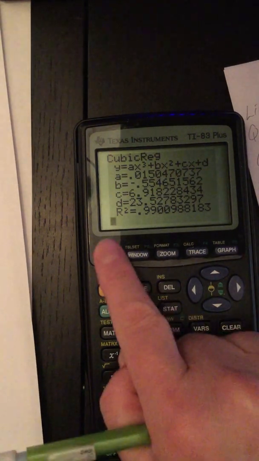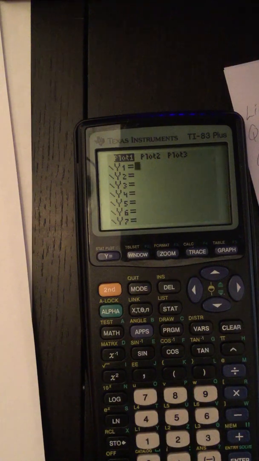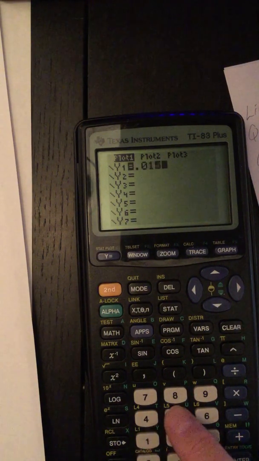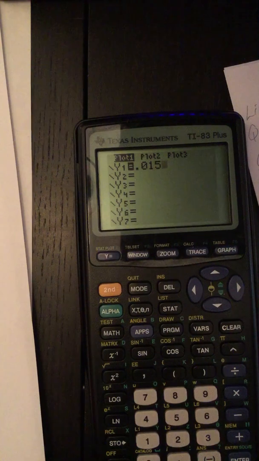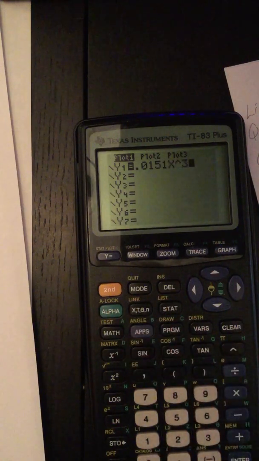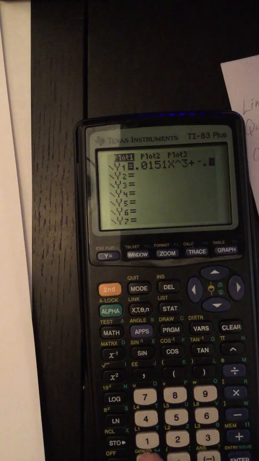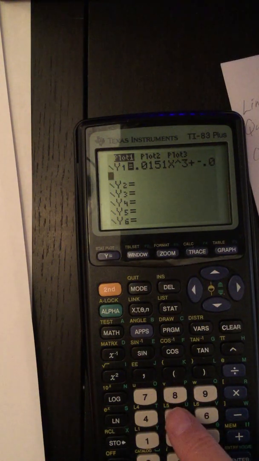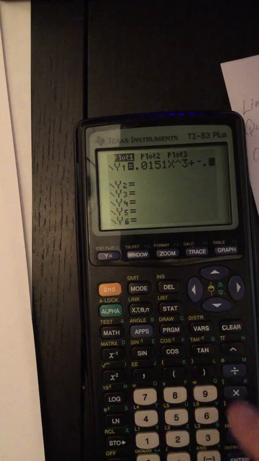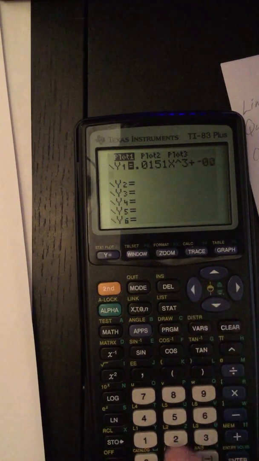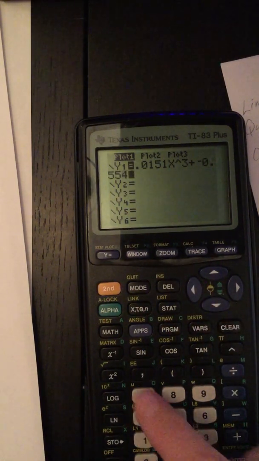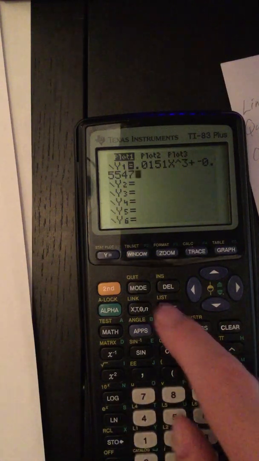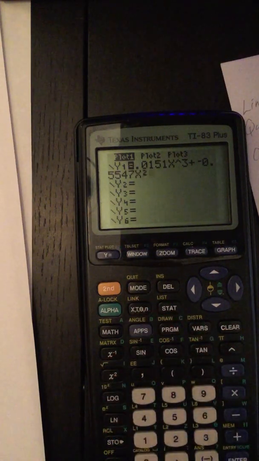So I'm going to round that to the 4 decimal places. So I'm going to have 0.015, and then I guess it would be a 1 because that 5 would round up. Okay, and that would be x to the 3, right, x cubed. And then plus a negative 0.554, I guess it would round to 7, x squared.